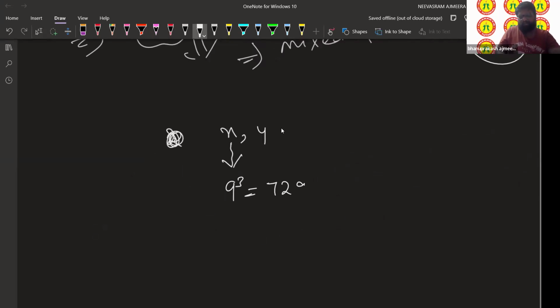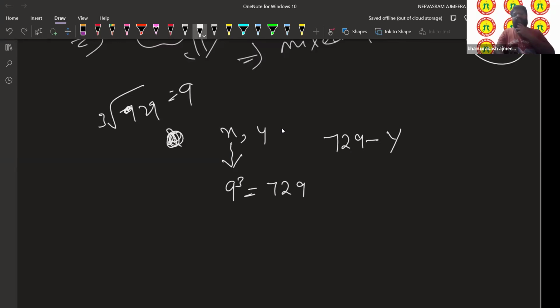So the number is 729, correct? And let the other number be y. Because they told in the question that the cube root of the bigger number is 9, I am taking the cube of 9, that is 729, minus y.